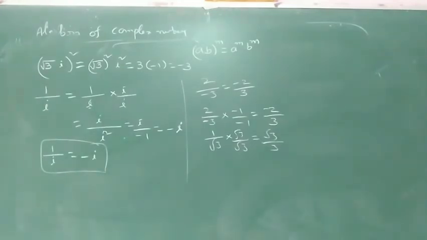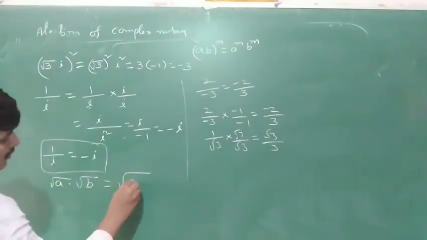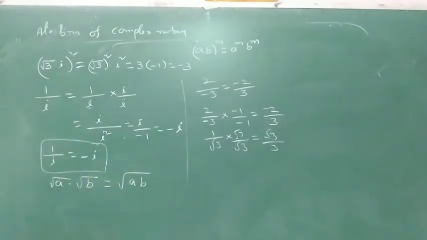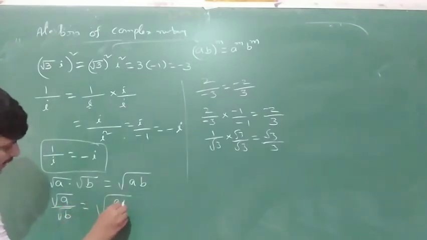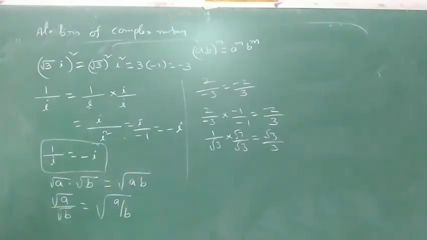So in the fundamental formulas, what is that? Root a into root b is equal to root of a into b. Root a by root b is equal to root of a by b.